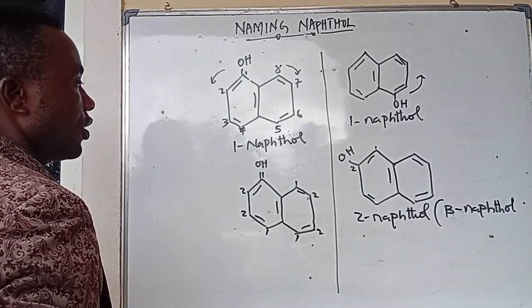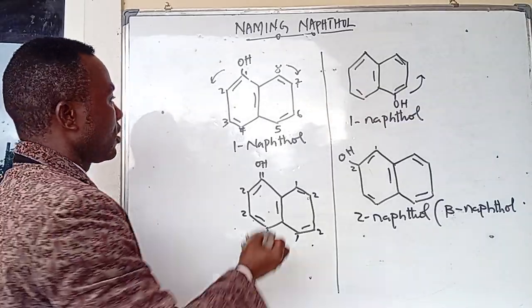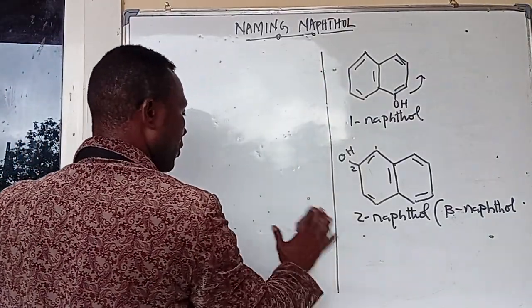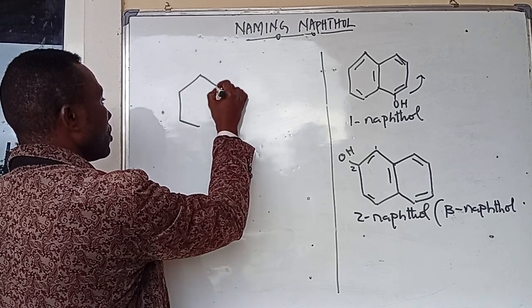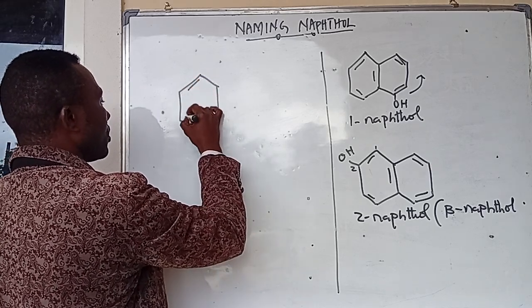So now let us see some other substituents on the naphthol ring. Look at this compound.